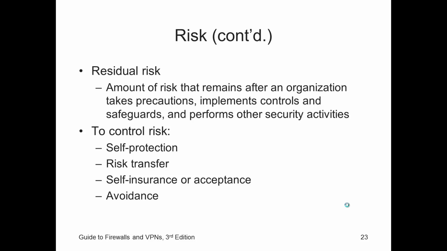I liken this to basically Russian roulette. You put a bullet in a gun, you put the gun to your head, you pull the trigger, right? Maybe you get shot, maybe you don't. But this really isn't risk management at all, in my estimation. This is just risk oblivion.